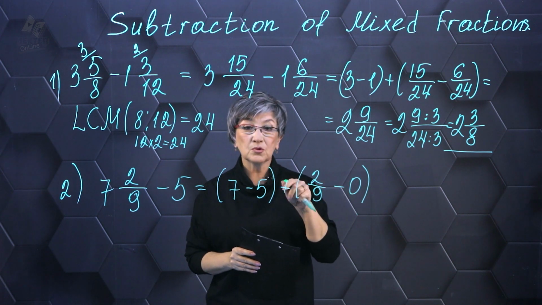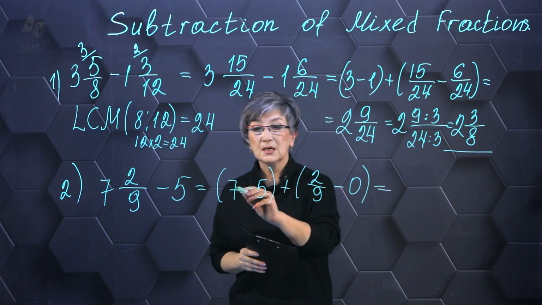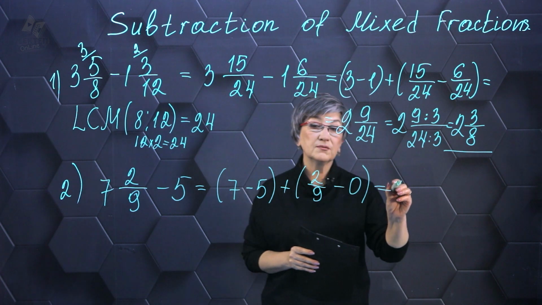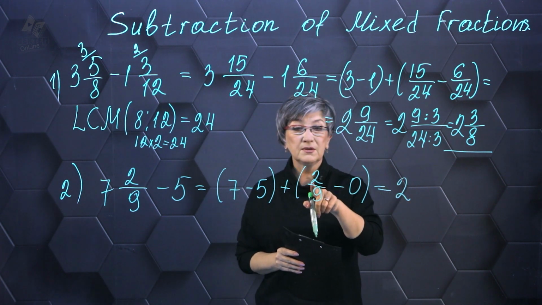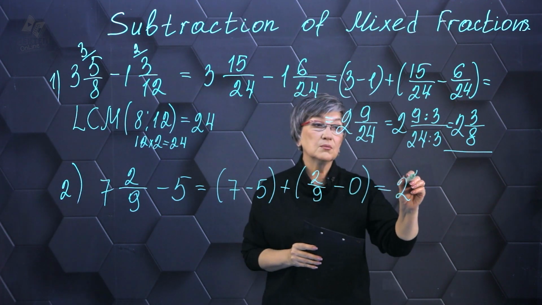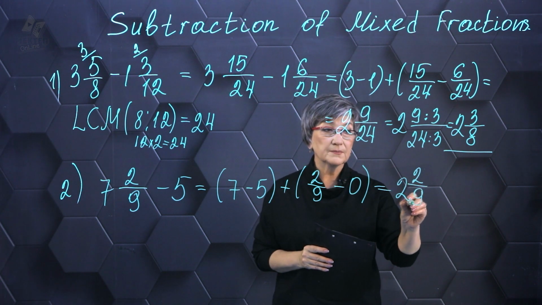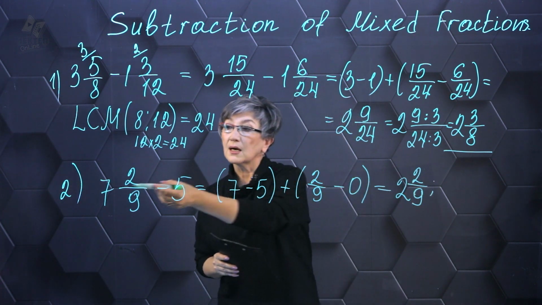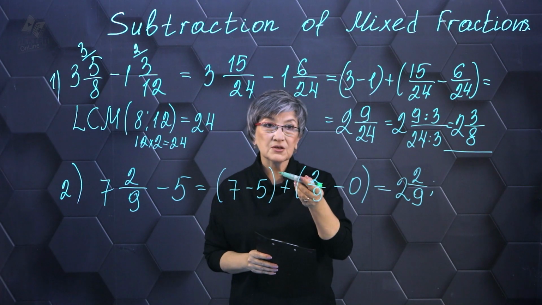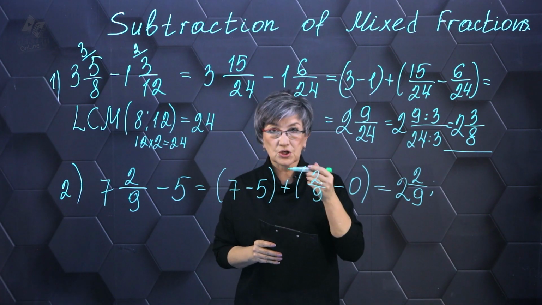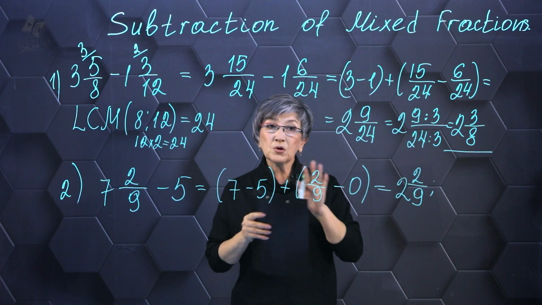So you get 7 minus 5, that would be 2. And 2/9 minus 0, that's 2/9. So when we subtract an integer from a mixed number, we're just working with integer parts.